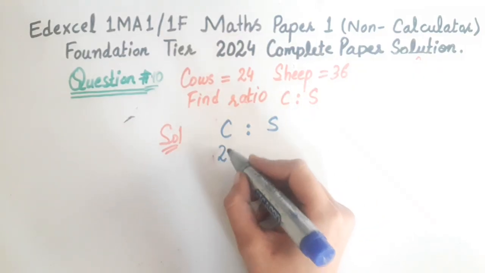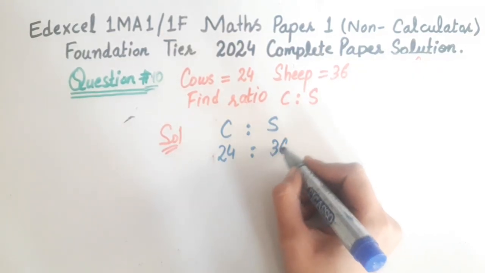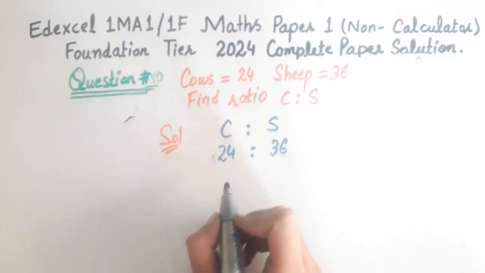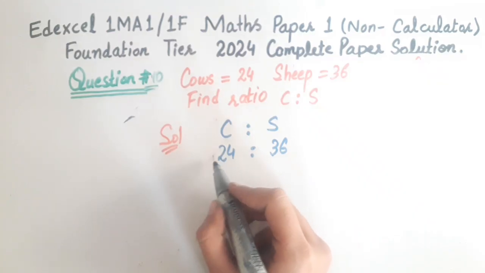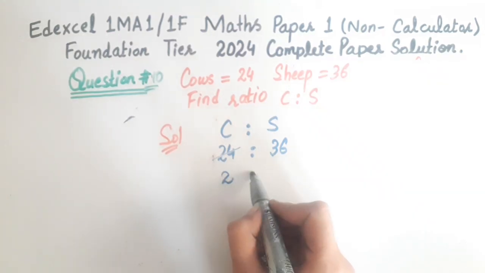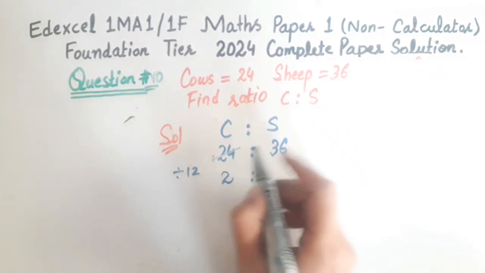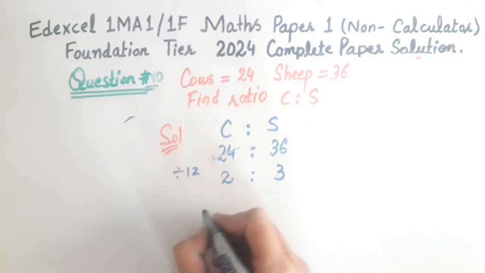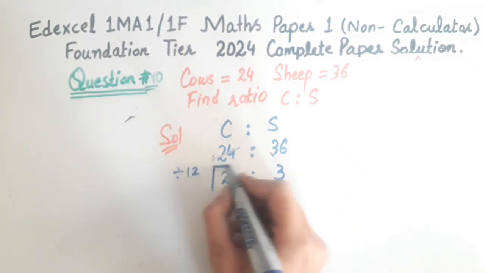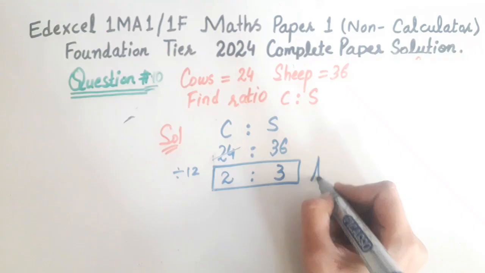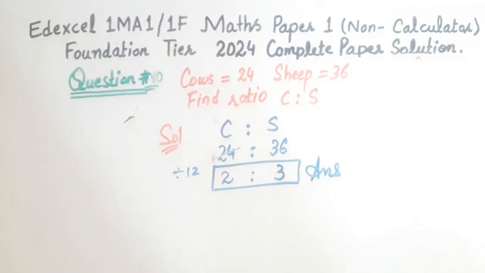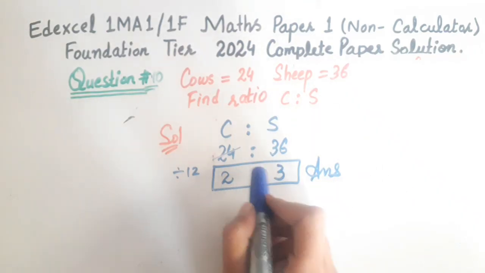Cows are 24 to 36. Now divide them by the same number. You can see 12 2s are 24. I divided both of them by 12. And 12 3s are 36. So the answer is 2 to 3. So this easiest question contains 2 marks. You have just divided by the same table.